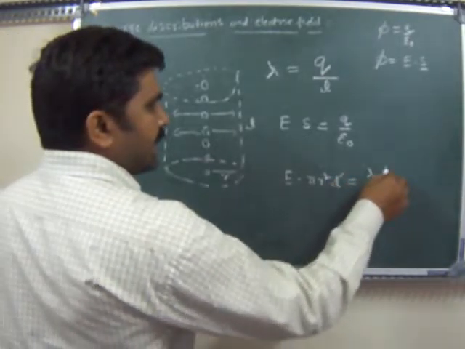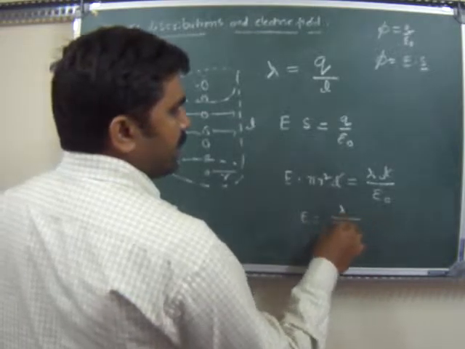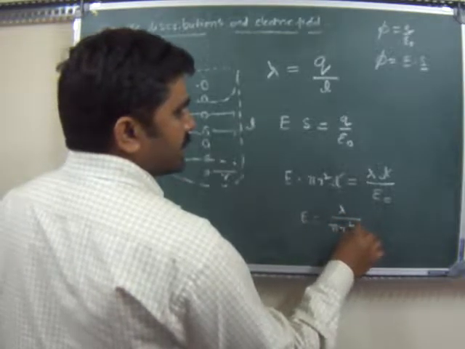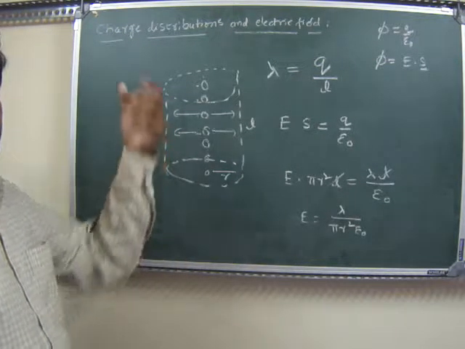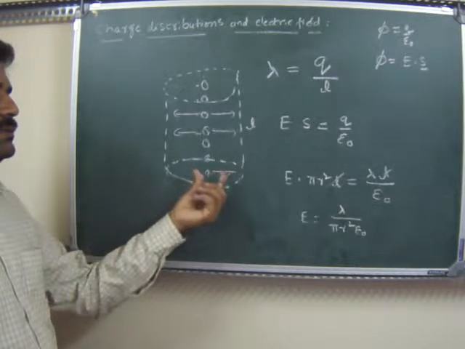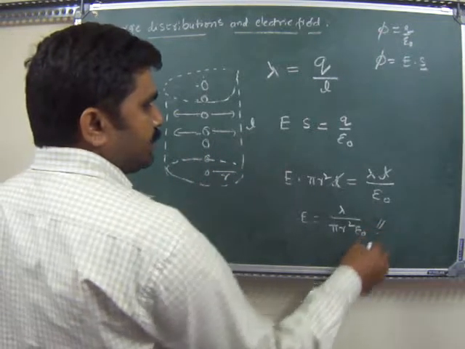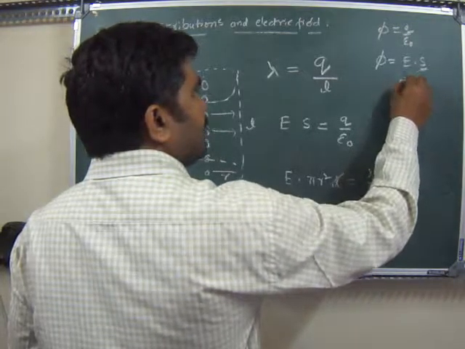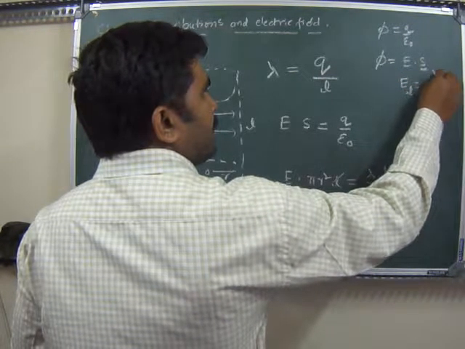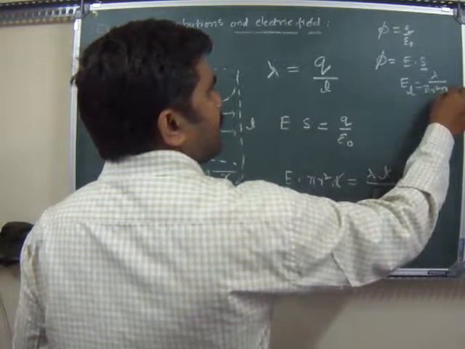So L gets cancelled. So E is equal to lambda by pi r square epsilon naught, the field around a line of charge at a distance r. So we have got a field around a linear charge distribution. I am writing here E_L is equal to lambda by pi r square epsilon naught.